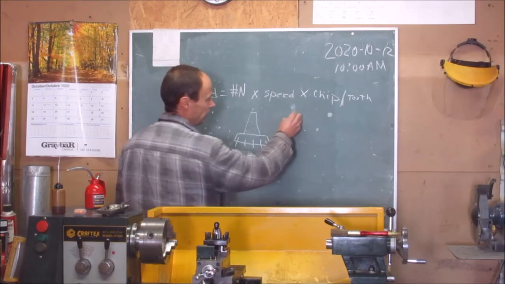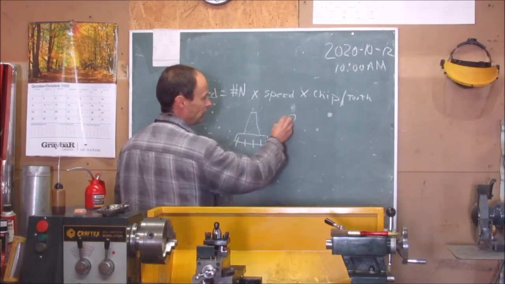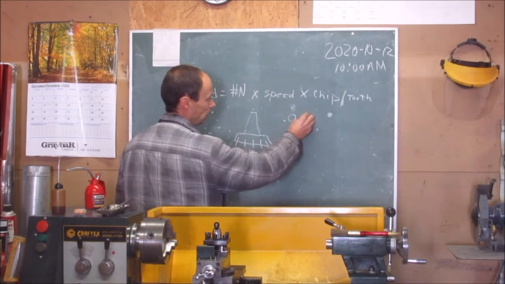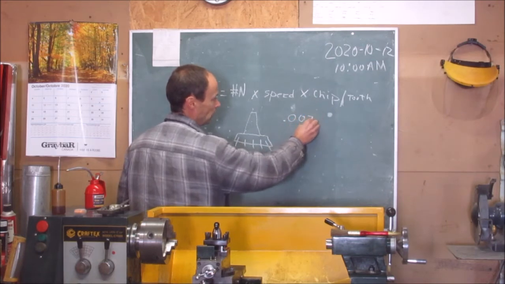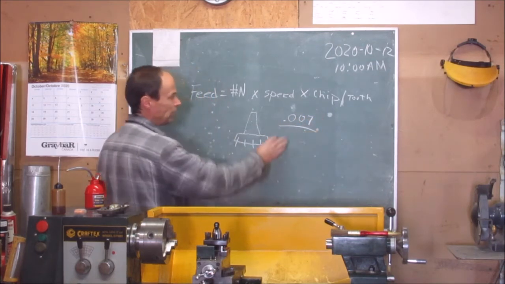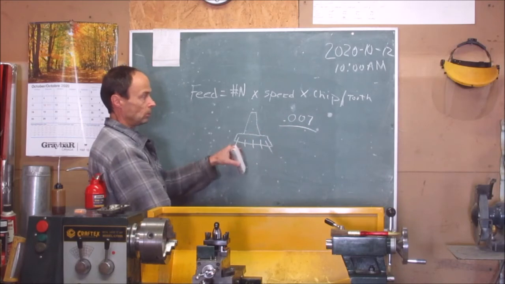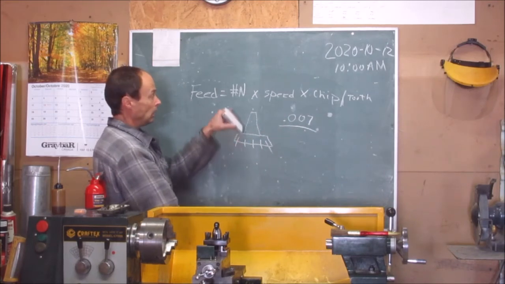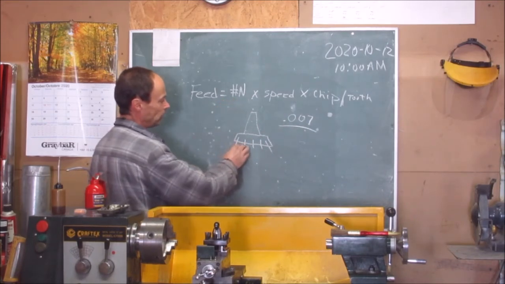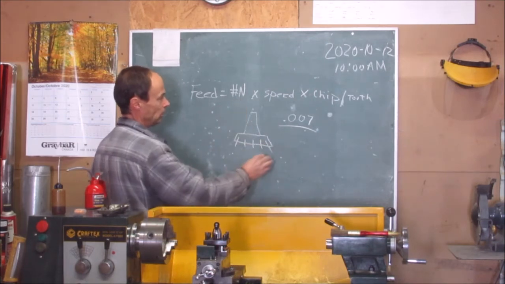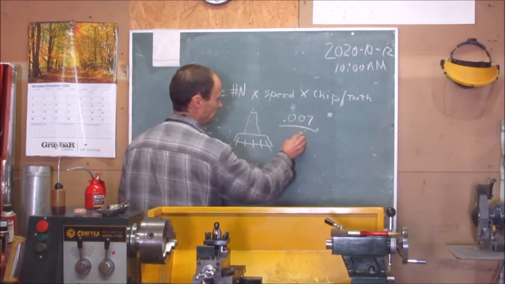If one cutter is allowed, this is just an example, 7 thou per cutter. Okay. Well, if I have 1, 2, 3, 4, 5 cutters, this is no longer the case.